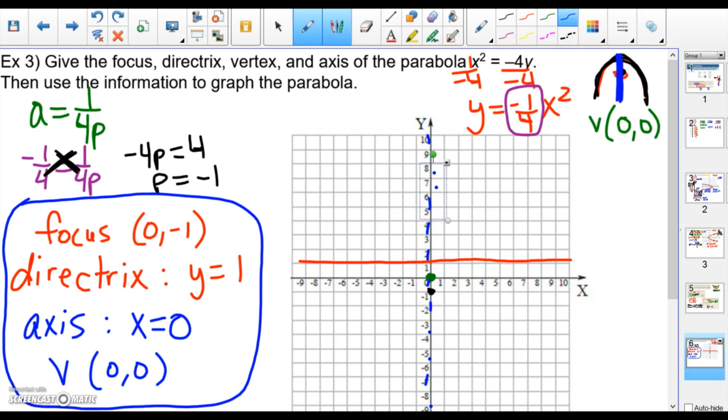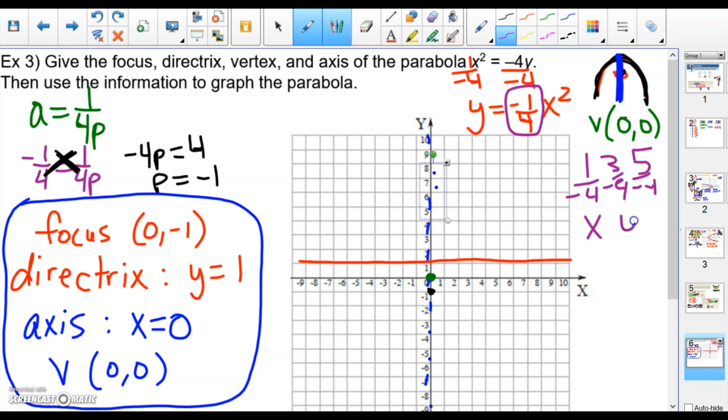Well, I guess I could use my 1, 3, 5 pattern. That's kind of tough, though. Your 1, 3, 5 pattern is getting multiplied by negative 1/4. So really, it'd be negative 1/4 and negative 3/4 and negative 5/4. So that might be kind of tough to graph. So maybe we should just make a table.